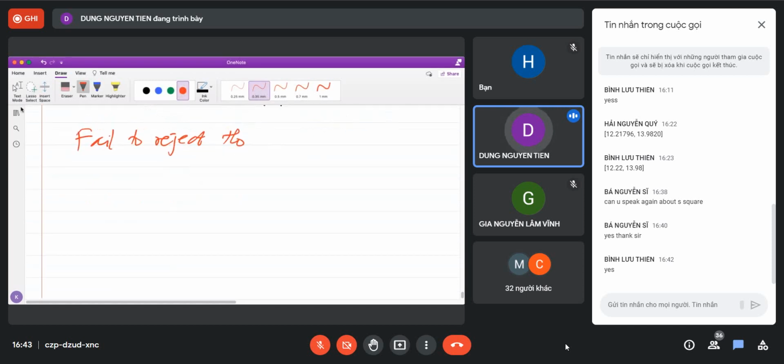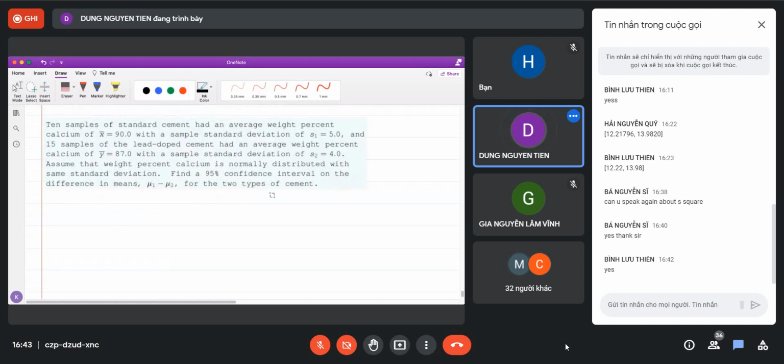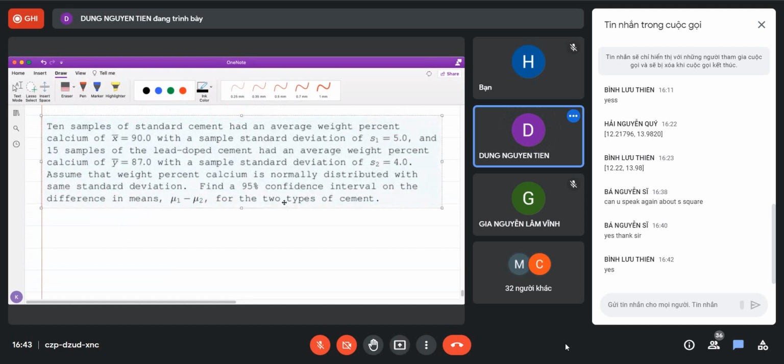Okay. Now, what if you want to get a confidence interval? 10 samples of standard cement had an average weight percent calcium of 90 with a sample standard deviation of S1 equals 5, and 15 samples of the lead doped cement had an average weight percent calcium of 87.0 with a sample standard deviation of 4.